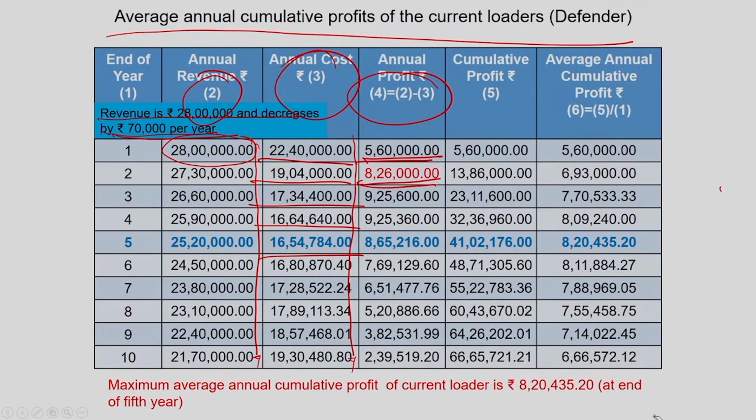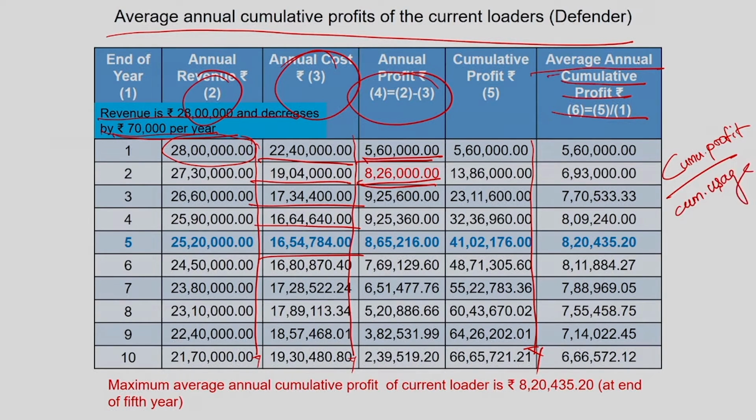Similarly, you have to find the cumulative profit by adding the profit of all the years. Now, the average annual cumulative profit is nothing but your cumulative profit divided by cumulative usage of the machine.